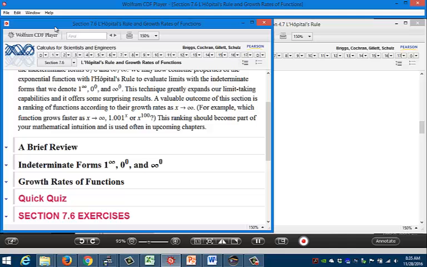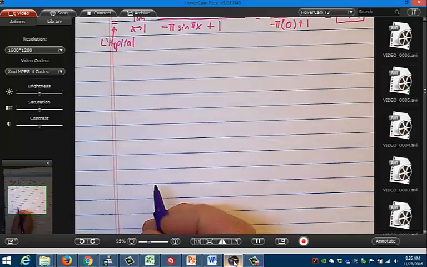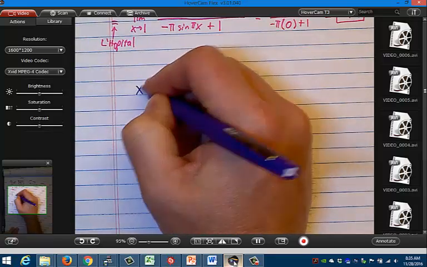Didn't we? There was a problem where you guys asked me to work with this function. Let me write the function down. We had this last time. Wasn't it x to the square root of x power, or something like that?